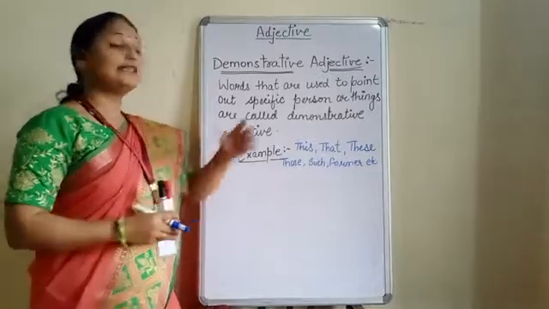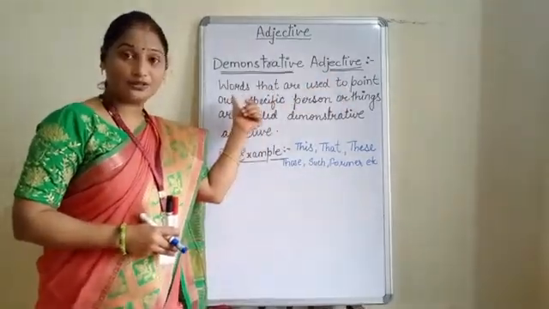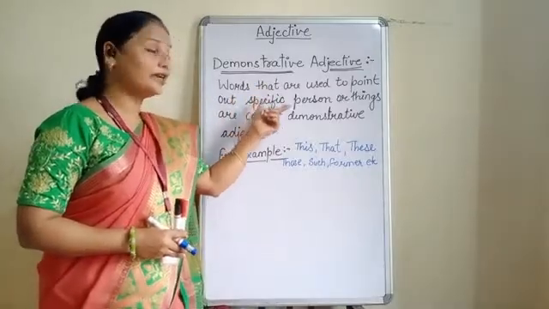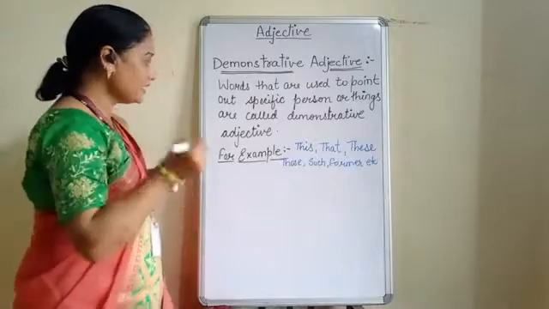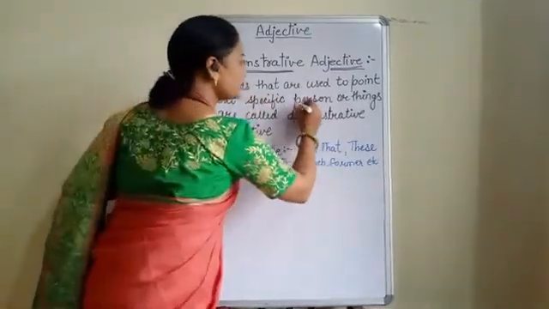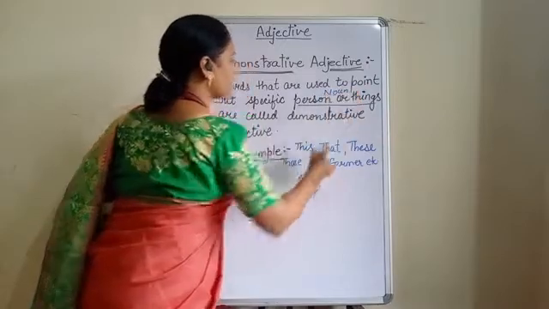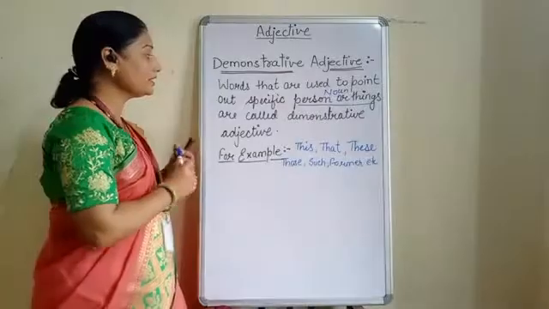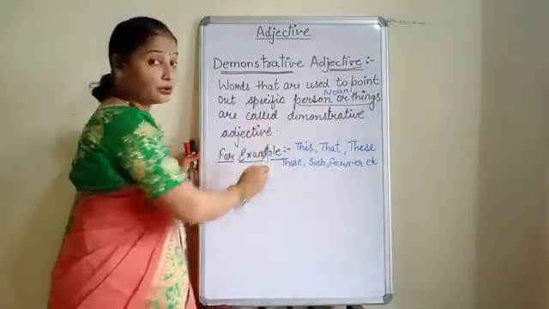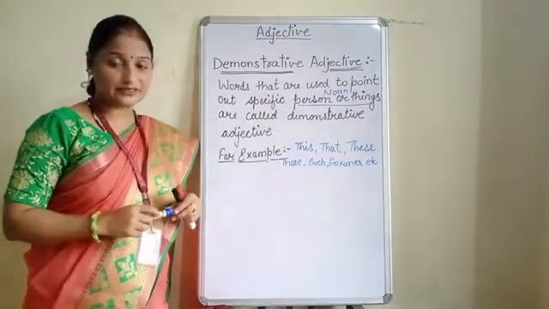Words that are used to point out specific person or things. In place of person or things, even we can write noun. Words that are used to point out specific noun are called demonstrative adjective.